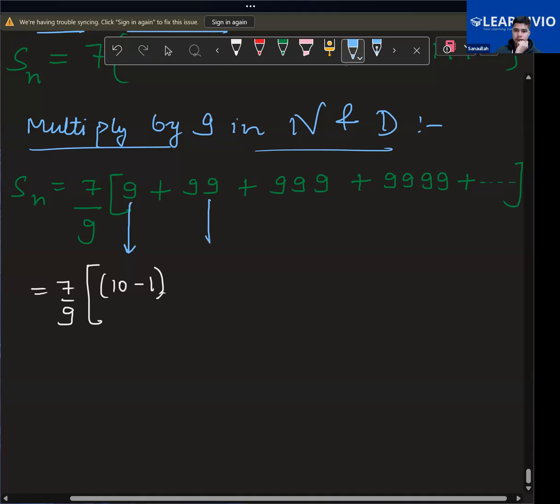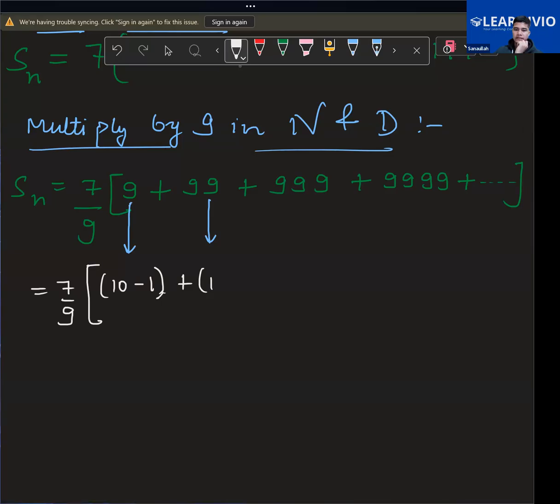For this one, we will write 100 minus 1. And what is this 100? 100 is 10 square, that is 10 power 2, minus 1. And for this one, we will write 10 cube minus 1.